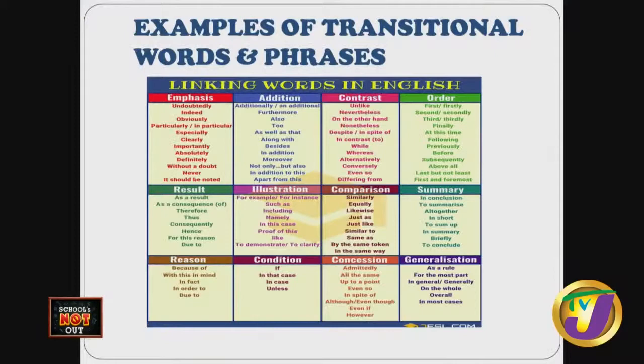Comparison, we could use the word similarly. For summary, we could use in conclusion. For reason, we could use because of. For condition, in the case that. For concession, we could use the word admittedly. For generalization, for the most part. So remember, you can access this after. There are so many that you will need to use in your writing.